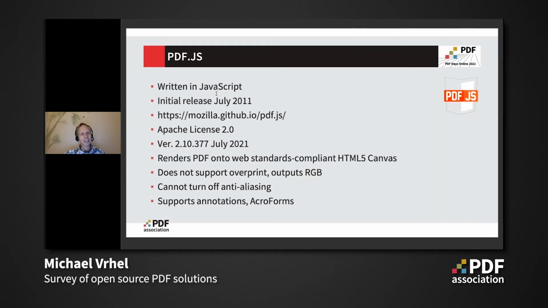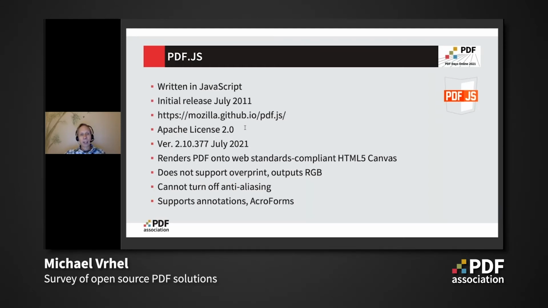pdf.js is an interesting one that's written in JavaScript, which I can't imagine doing, but that's what they've done, and it works great for people who want to do PDF viewing on web pages. Initial release was in July 2011. Here's where you can basically get the code, at this GitHub address.